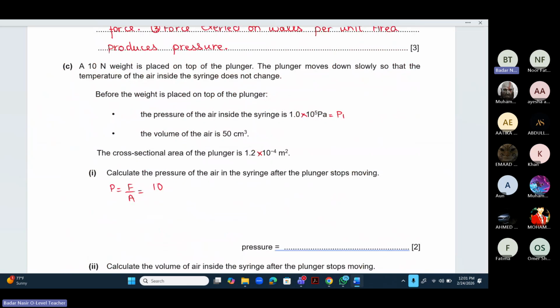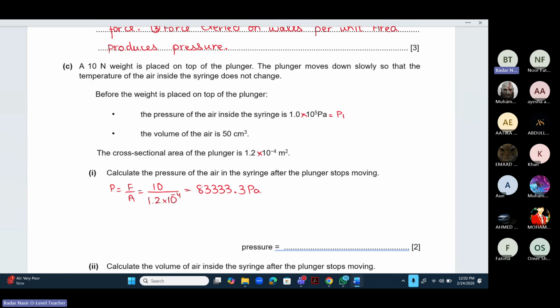That is 10 Newton and the cross sectional area is 1.2 into 10 की power minus 4. आप ये directly expression calculator पे put कर दो and you will get the final answer 10 divided by 1.2 into 10 to the power minus 4, so we get 83333.3 Pascal.